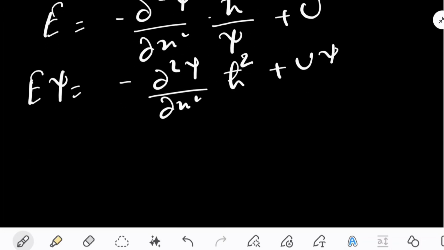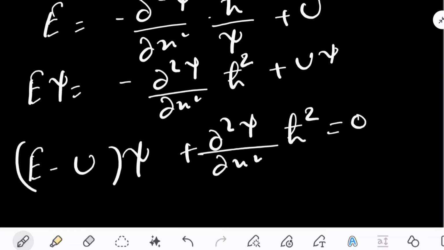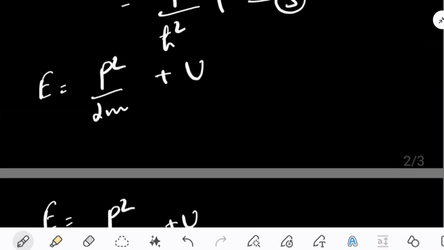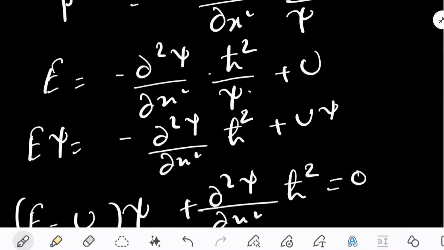Just bring everything to the LHS, you get (E minus U) into psi plus del 2 psi by del x square into h bar square is equal to 0. Let me see if I made any mistake. Yeah, I made one. It will be upon 2m also.